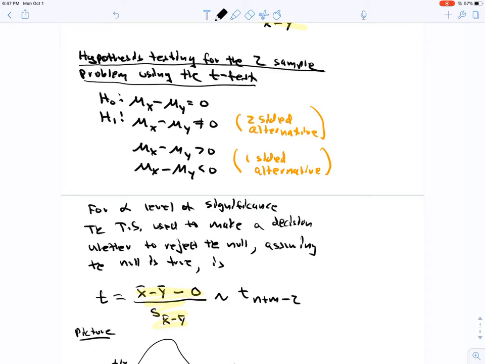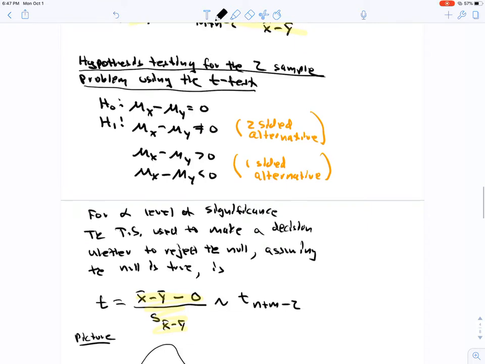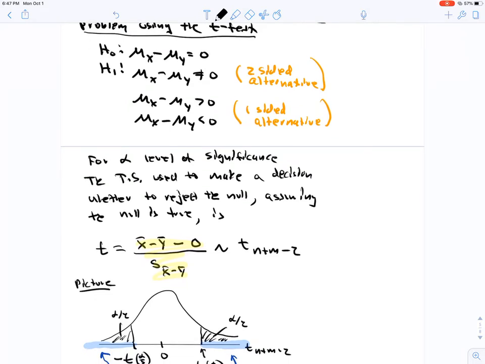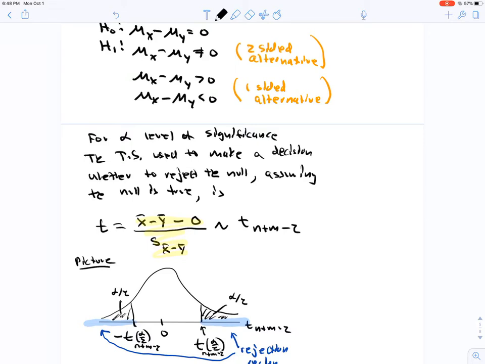So for alpha level of significance, the test statistic used to make a decision whether to reject the null, assuming the null is true, is x bar minus y bar minus, now the difference of the population means is 0, so we subtract 0, divided by the standard error.